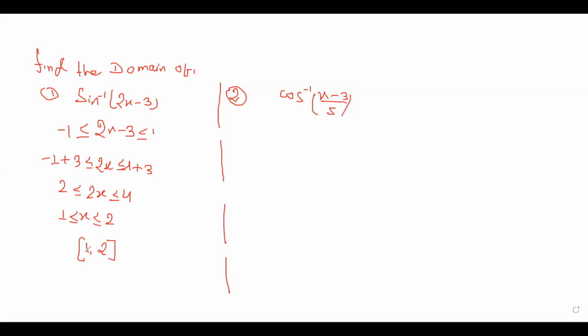Okay. Tell me the answer of the second question. Minus 2 to 8. Okay. Minus 1 less than or equal to x minus 3 by 5 less than or equal to 1, so x lies between minus 2 to 8. Very good. Rishita, have you got both answers? No, sir, I just got the first answer.